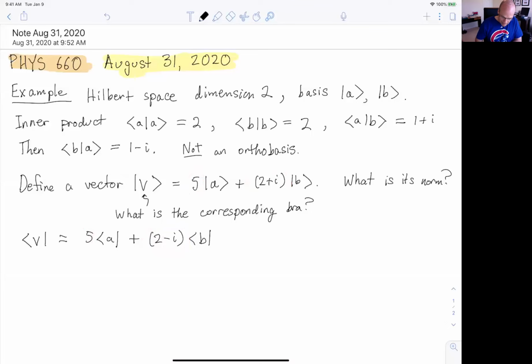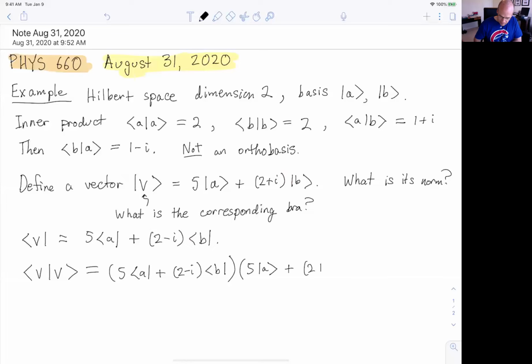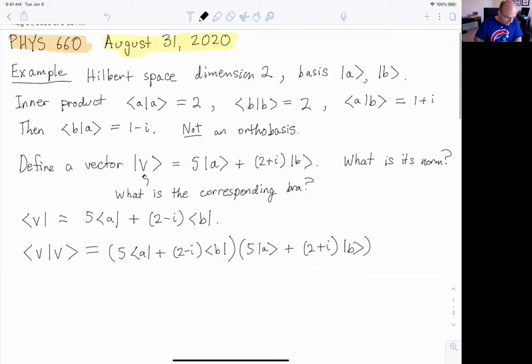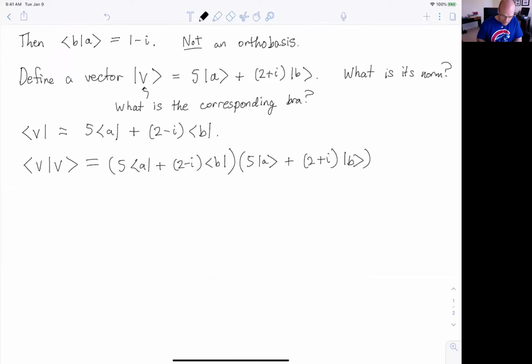Okay, so now I can compute the inner product of V with itself. I write the corresponding bra, 5A plus (2 minus i) B, acting on 5A plus (2 plus i) B. All right, now we just need to distribute everything out.